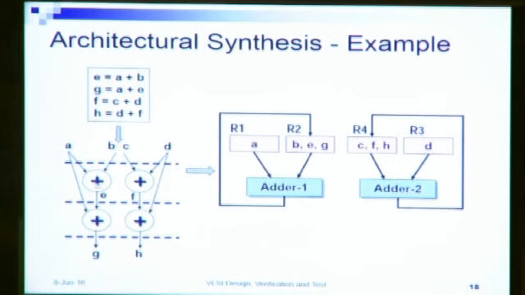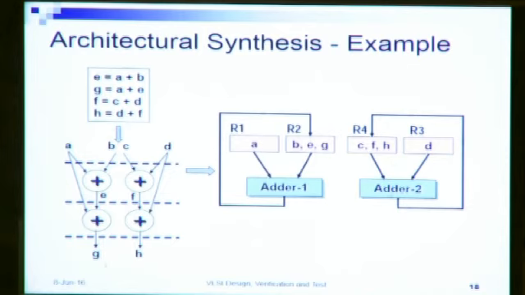However, because there are 2 parallel additions in a particular time step, we need at least 2 adder units, 2 adder resources. Now, a sample realization of this scheduled step is obtained here.